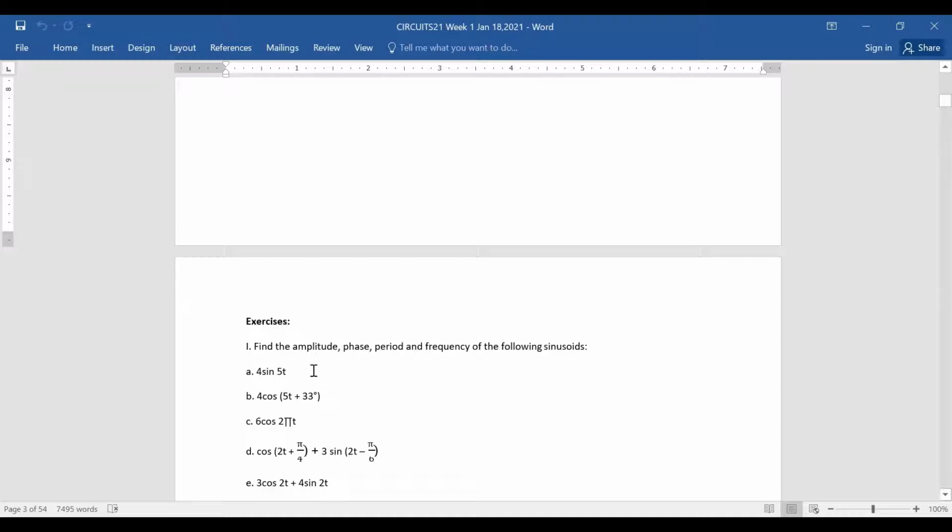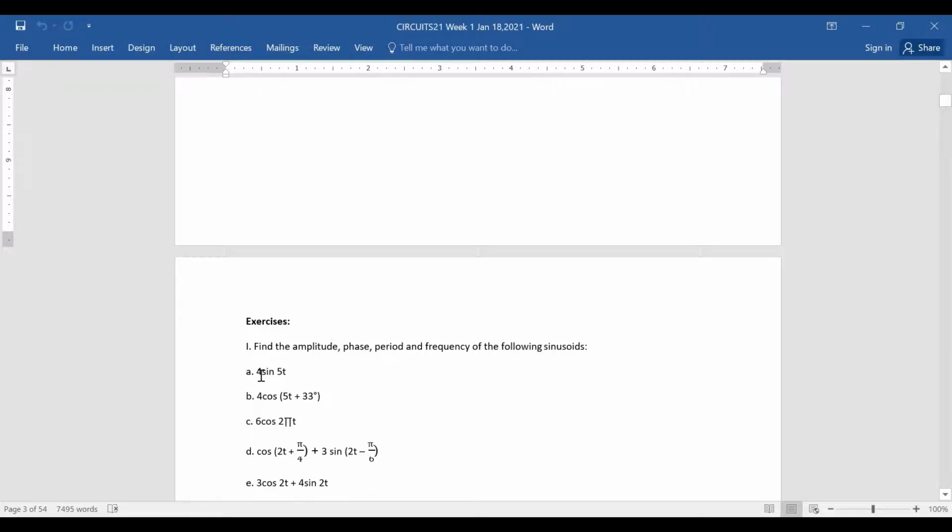Let's say, for example, we have 4 sine 5t. By inspection, the amplitude here is 4, which is the coefficient of our sine function. That 4 corresponds to the amplitude.